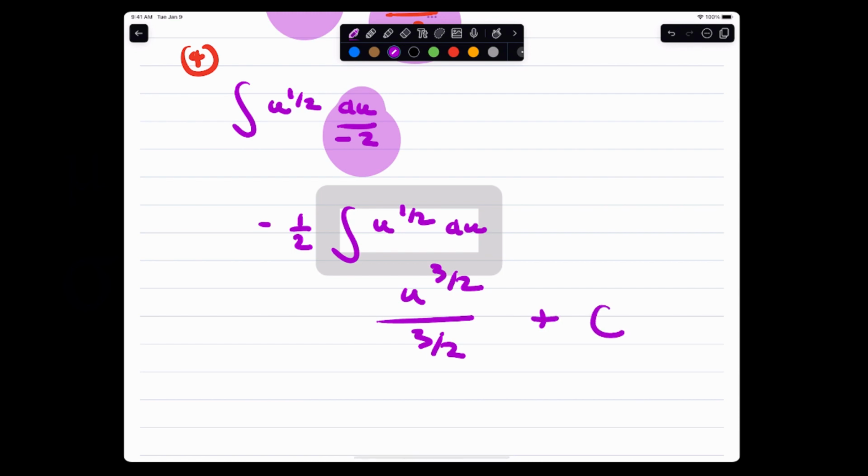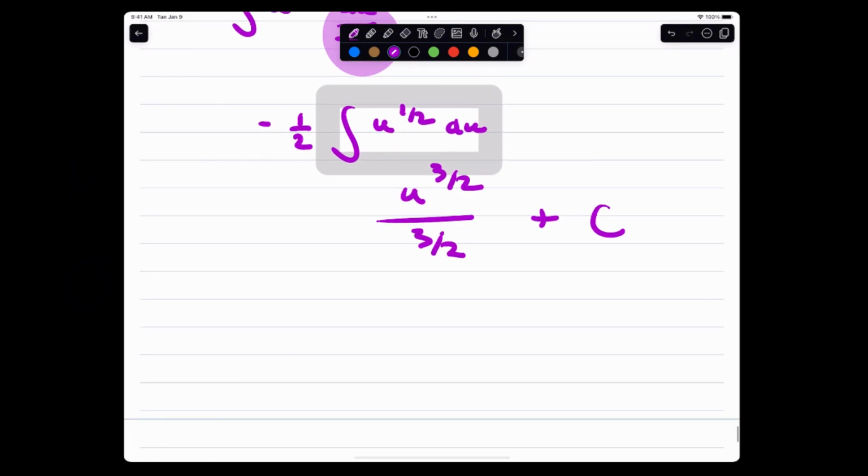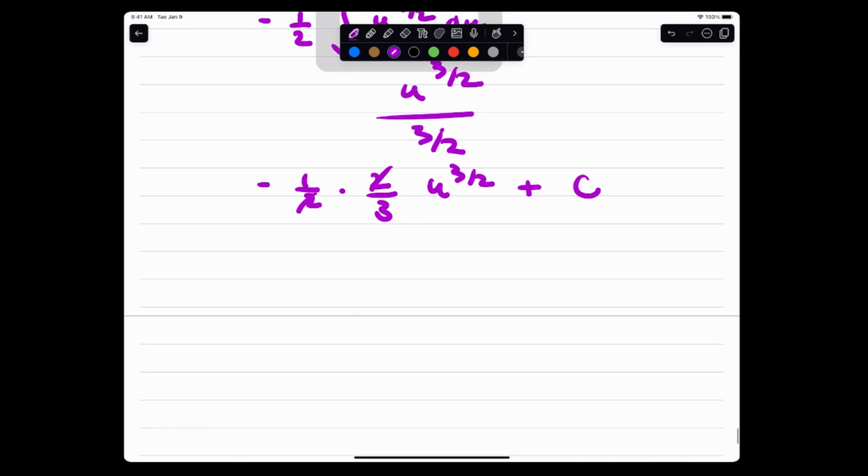And yes, technically you have that c, but make sure you write 1/2 times 2/3, u to the 3/2, and then you could just put the plus c out here again. It's going to be plus a constant. So if you wanted, just always add that plus c at the very end. But make sure you do your arithmetic, because this is now going to be negative 1/3 u to the 3/2 plus c.